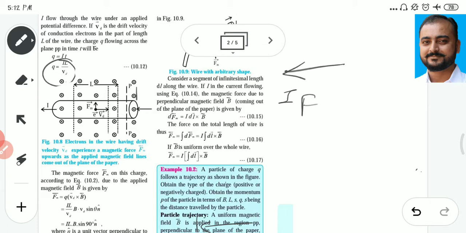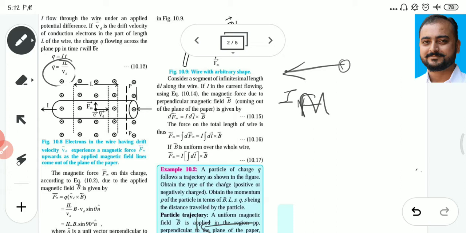This is represented by the forefinger. Sorry, not forefinger, middle finger. Just stretch the three fingers of your left hand in such a way that the middle finger shows the direction of flow of current. What is the direction of magnetic field?